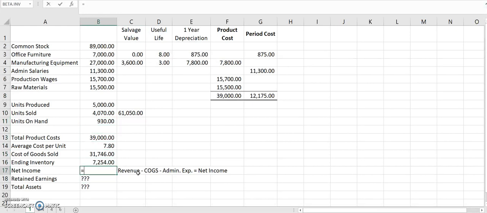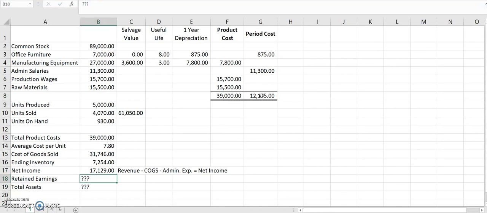So if we take our $61,050 in revenue, subtract off our cost of goods sold, and subtract off our period costs or our administrative costs, we should come to calculate a net income of $17,129.